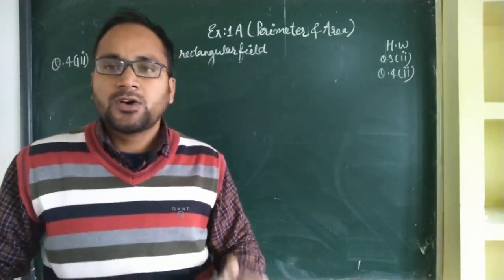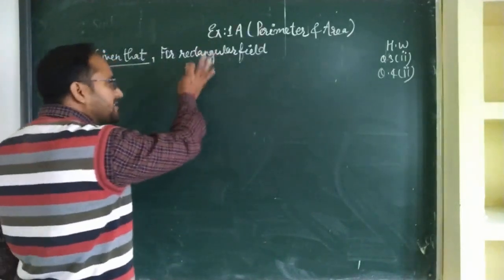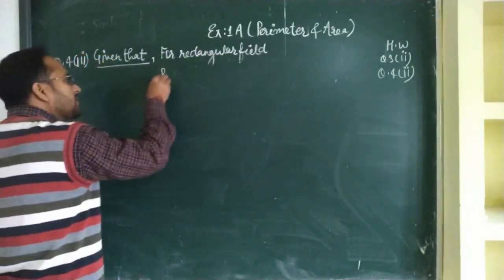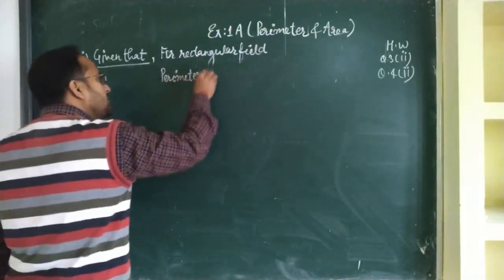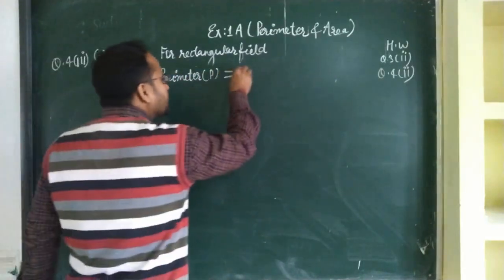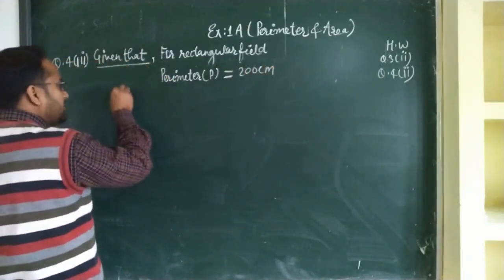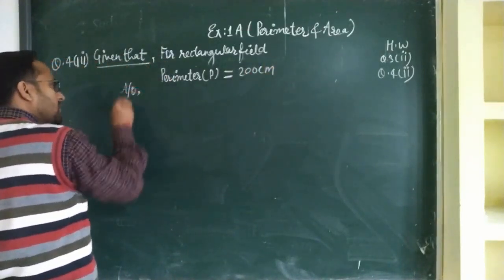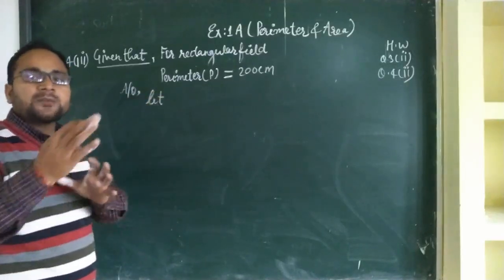Very easy, students. Whatever is given, you can write that. It is a rectangular field or rectangle. Perimeter is given as 200 centimeter. And one relation is given according to the question. Length is 3 times its breadth.